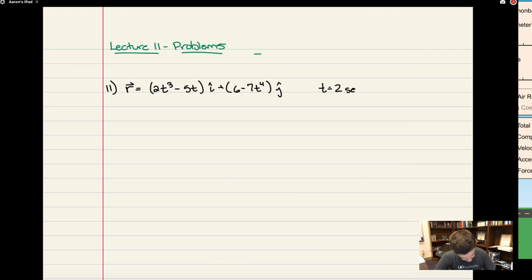They say, okay, how about t equals 2? In which case, if you plug in numbers, you get something like 6 and negative, I think it's like 106. So it points slightly to the right and really extremely down, if down is negative.